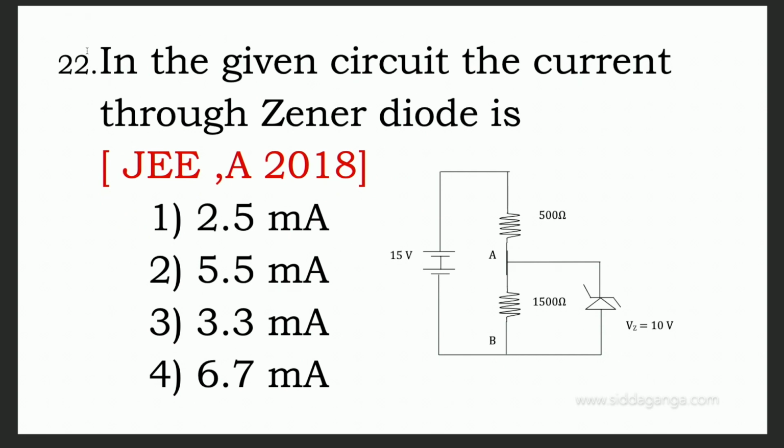Zener voltage is 10. This resistance is 1500 ohm, and this is 500 ohm. The voltage across the Zener is given, and the current through the Zener is required. What is Iz?